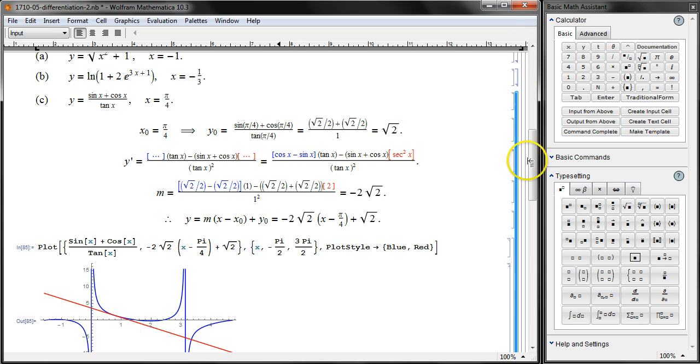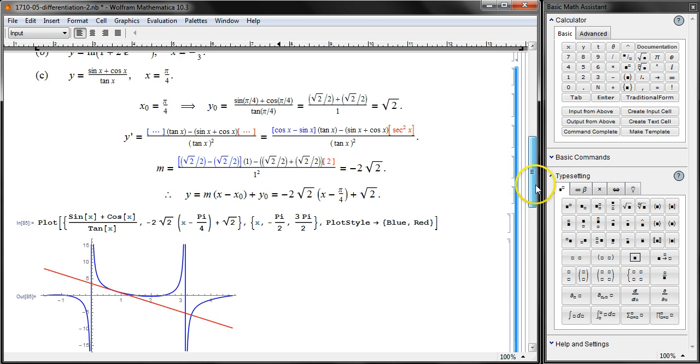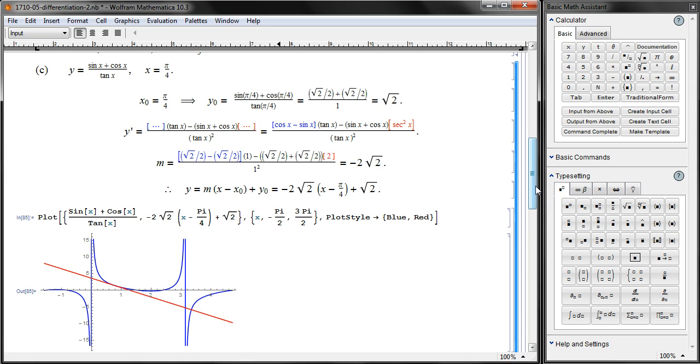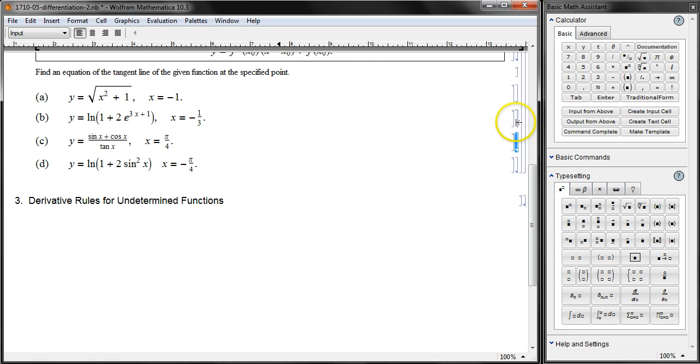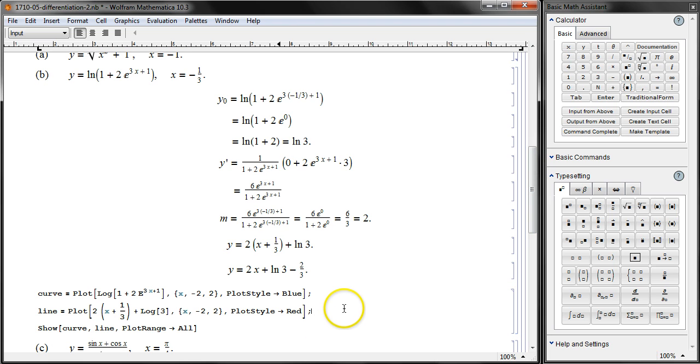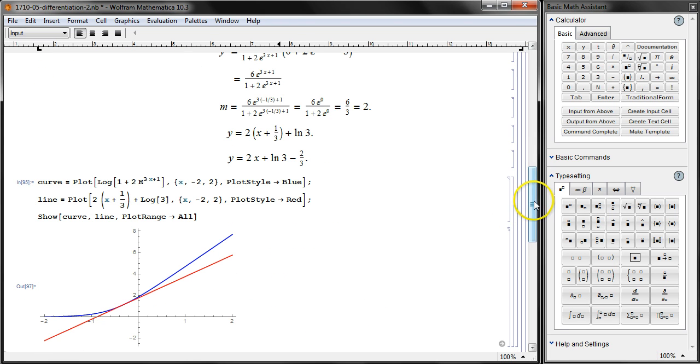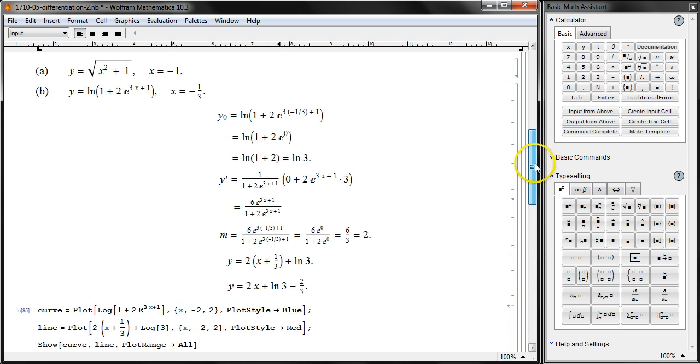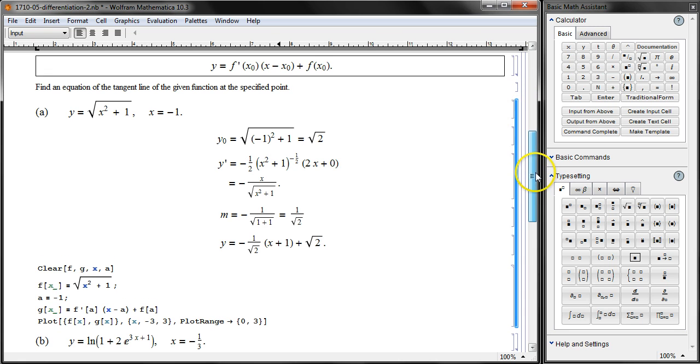How about the solution from the previous problem? Here it is. The one before. Yes, this is tangent line 2. Full solution here. And finally, full solution, this one.